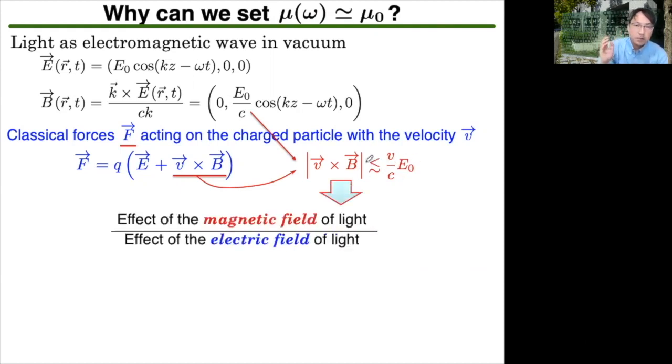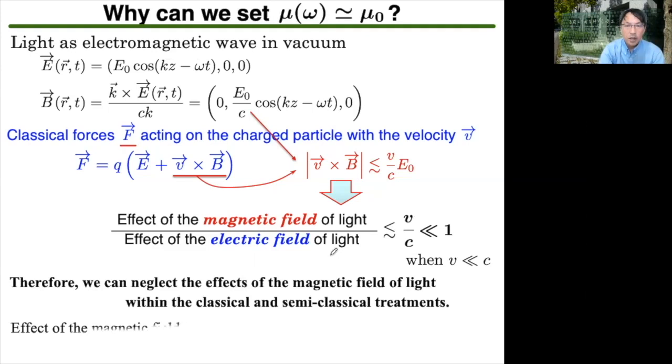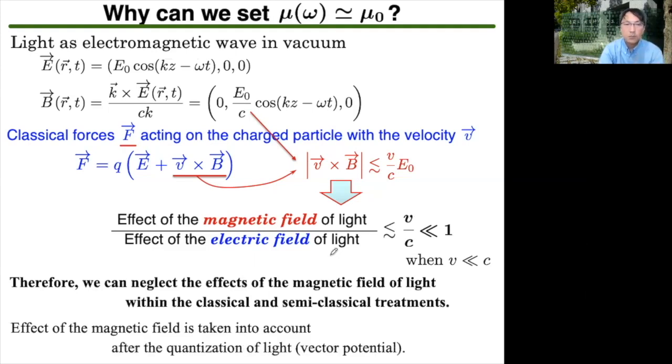This means the ratio of the effect of the magnetic field of the light to that of the electric field is roughly v over c, which is much smaller than 1 when the velocity is far from the speed of light c. In this case, we can neglect the Lorentz force as well as the effect of the magnetic field.